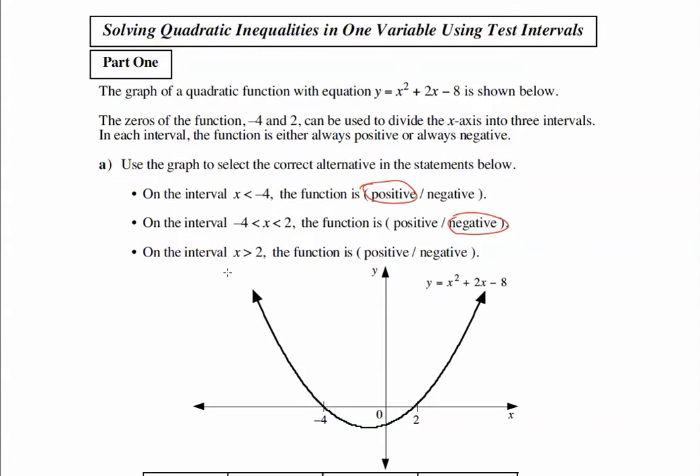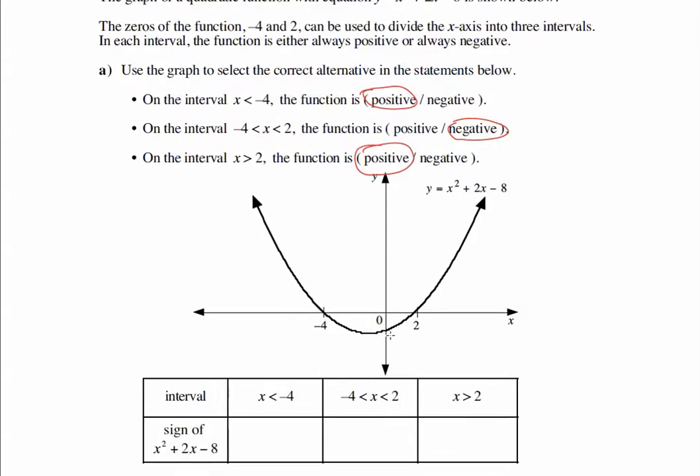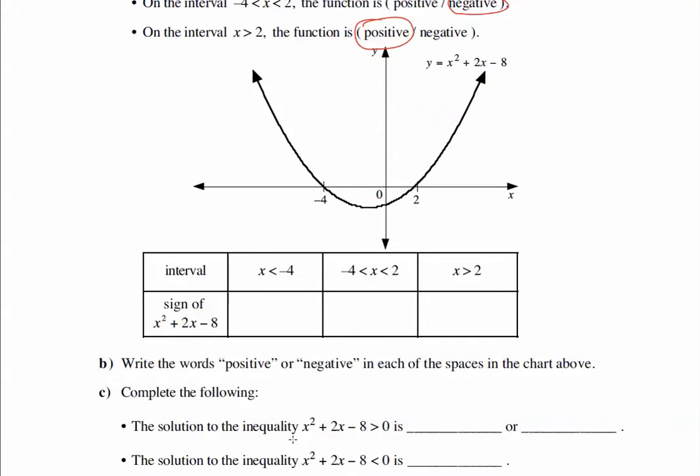And on the interval where x is greater than 2, the function, again, is positive. What does this mean and why does this help us? This is going to help us down here to determine our solution to the inequality when it's greater than 0 and when it's less than 0. That's ultimately what we're going to determine.